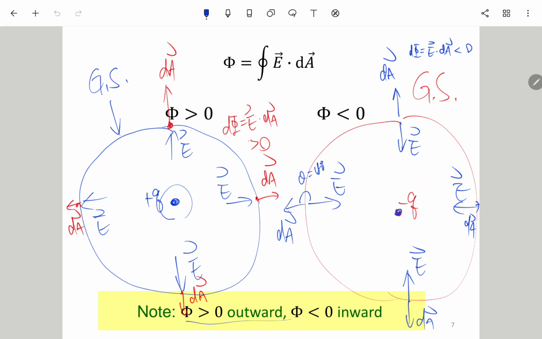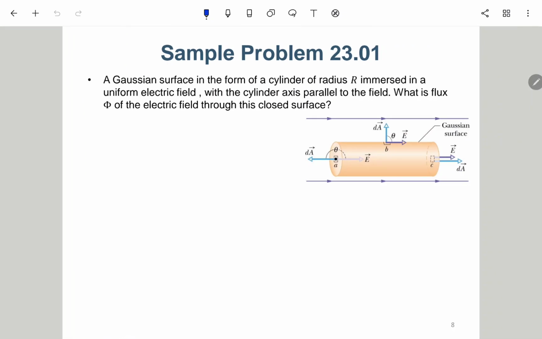Okay, so here we have a sample problem. It says a Gaussian surface in the form of a cylinder of radius r is immersed in a uniform electric field. 这里有一个电场，均匀电场指向右面，然后有一个 Gaussian surface 是一个圆柱形的，然后这个圆柱形的轴跟这个 E field 是平行的。The axis of the cylinder S is parallel to the field.